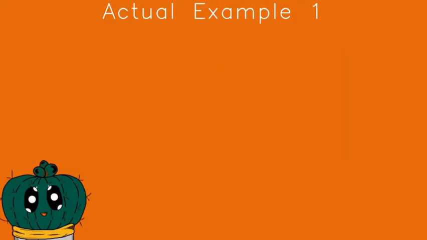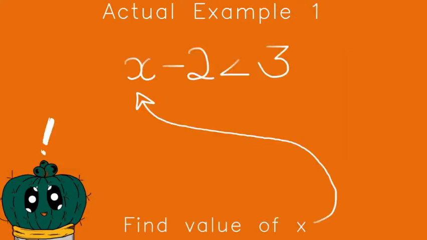Let's go through an actual example. That is always useful because we get to see the rule in action. Let's say you want to find out the value of x. To do that, you need to get rid of the -2 which is right beside the x.